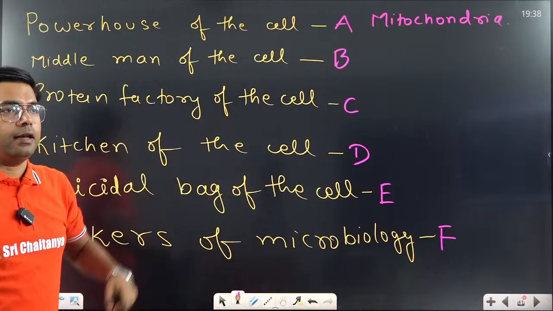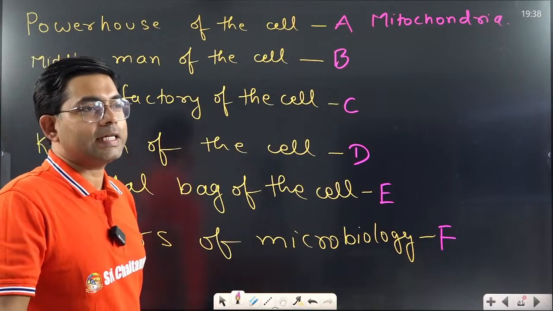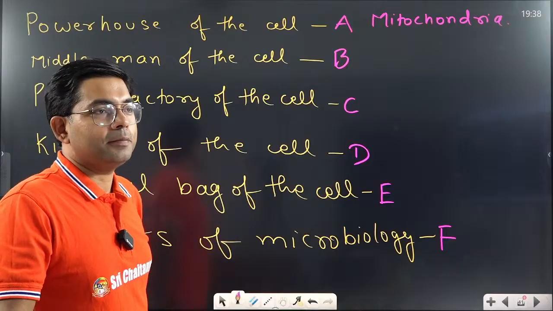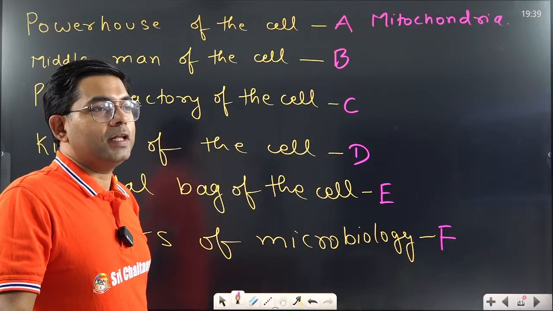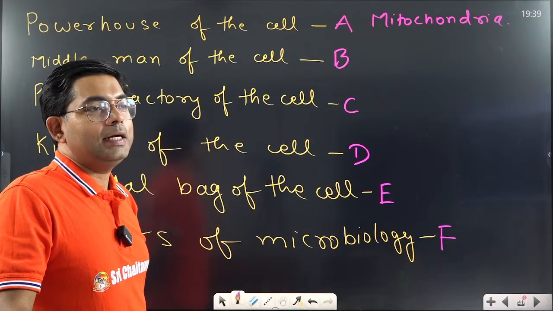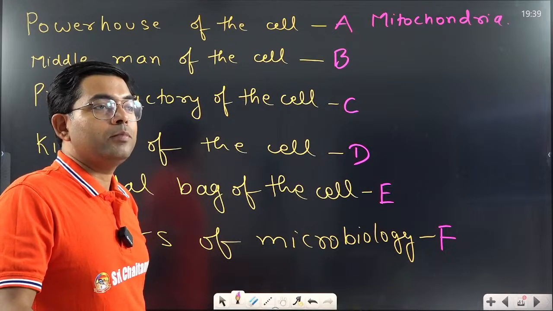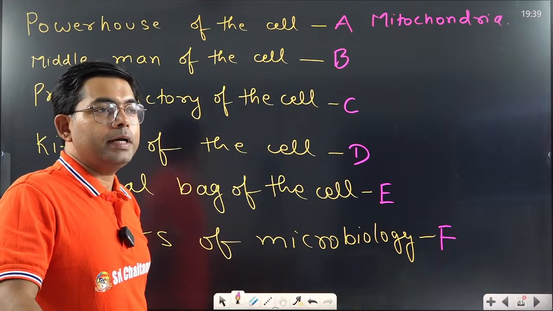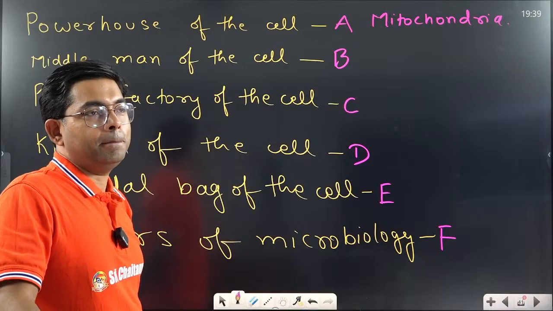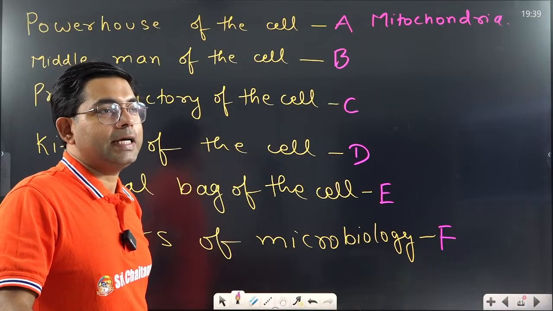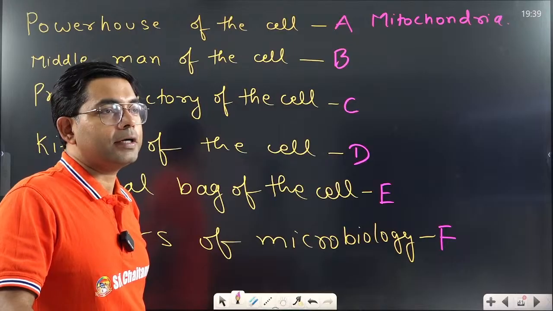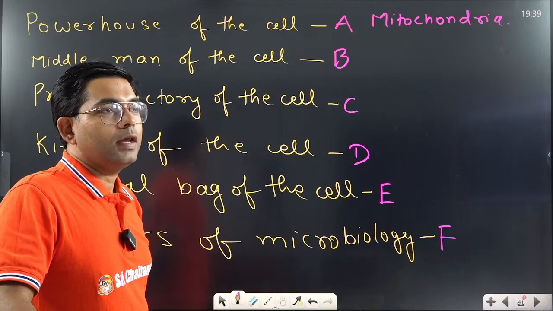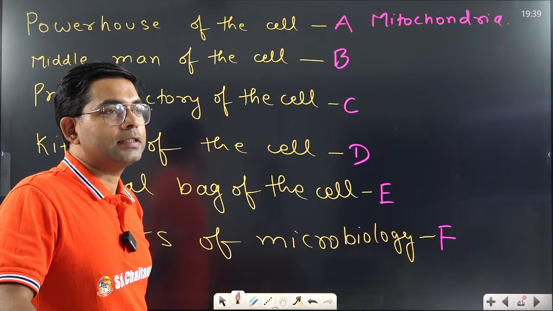Now next one. Middleman of the cell. Now this one is tricky, although I have explained. Remember, traffic police of the cell, postman of the cell, middleman of the cell. Very good, Venkata has given the answer. Sheikh, Neerath, Sai, Tanish have given correct answer.